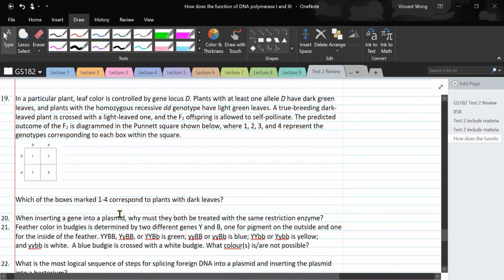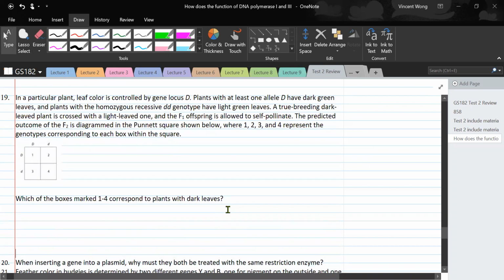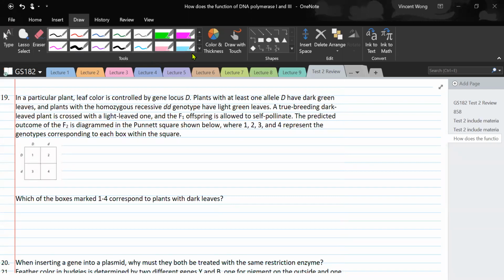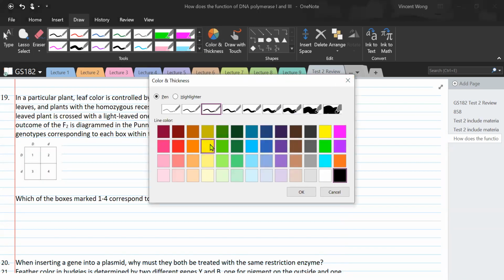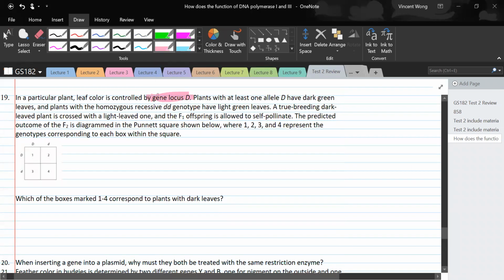Okay, more questions here. In a particular plant, leaf color is controlled by gene locus D. Locus is just the location, right? And they're saying here, plants with at least one allele, big D, have dark green leaves, and plants that are homozygous recessive have light green leaves.